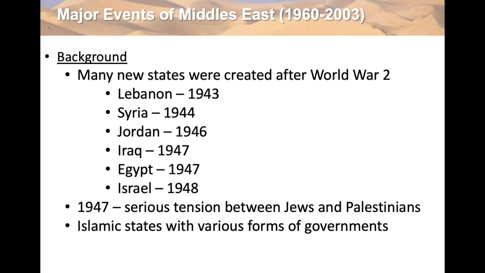Most of these countries have Islamic states with various forms of government, except obviously Israel is not Islamic and is definitely a target of the Islamic nations in the Middle East.